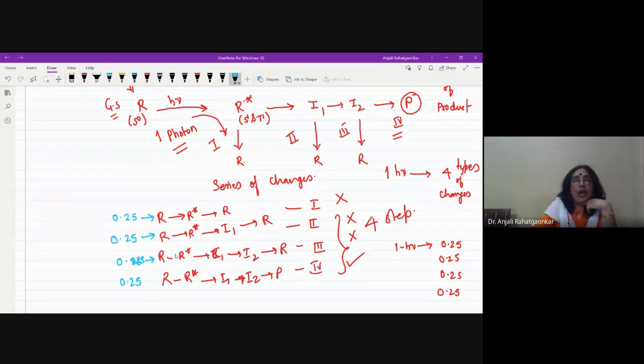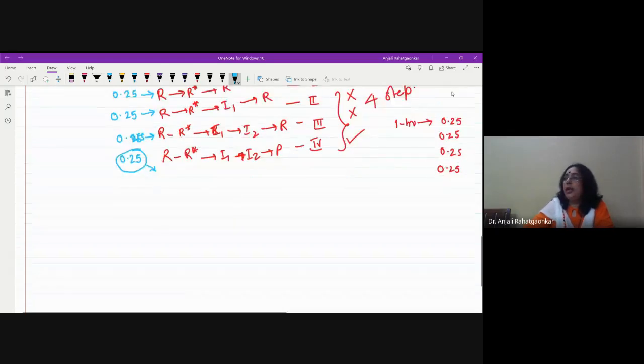In this case, we have seen that only 0.25 of the energy is productive energy, or exactly one-fourth of the photon has been utilized for the conversion of the reactants into the products, right? So the quantum yield is nothing but any number.